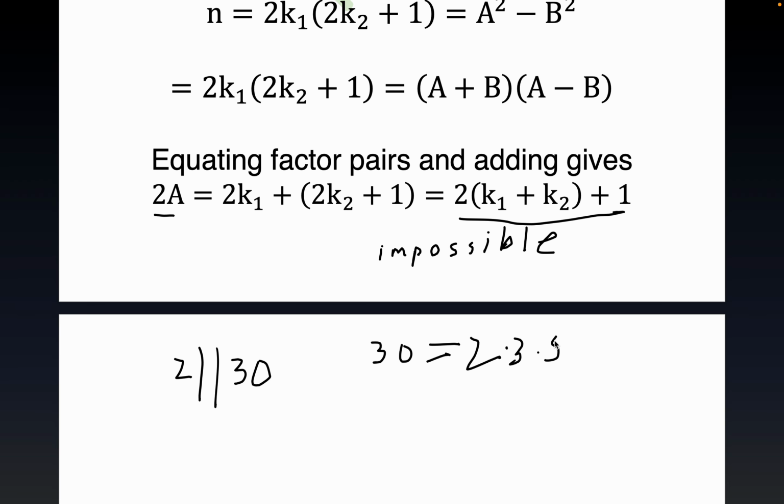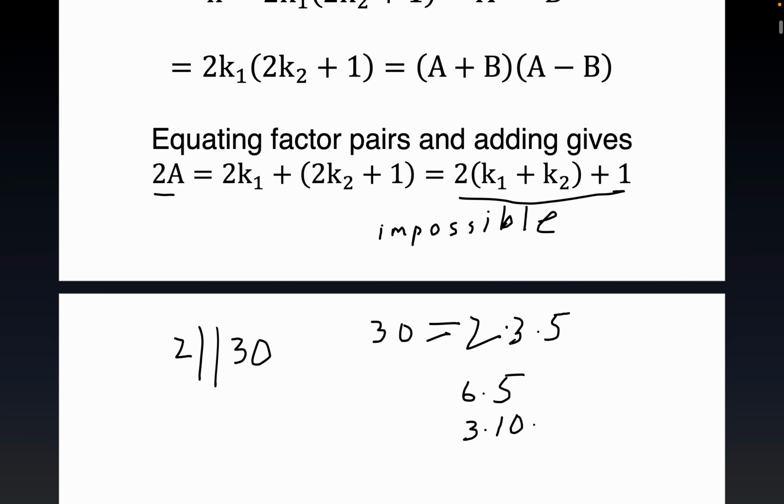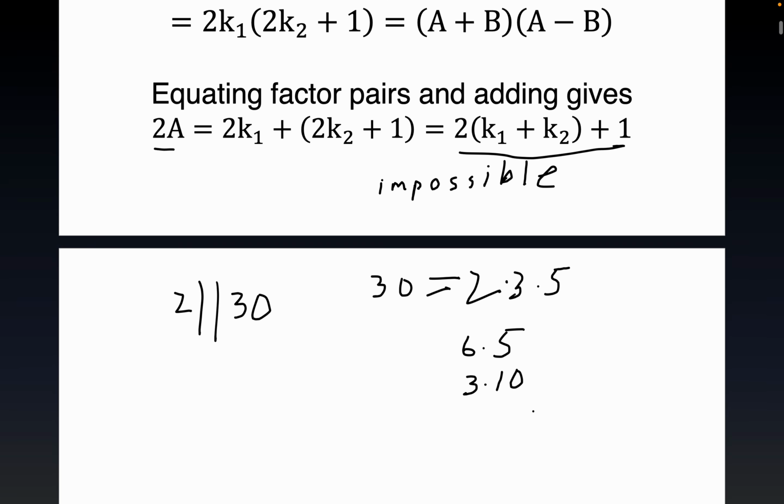So this makes it real clear that all the possible factorizations, you could have 6 times 5. What else could you have? You could have 3 times 10, but notice you're always getting an even factor and an odd factor. What else? 1 and 30, I guess. There's going to be 3 divisor pairs.